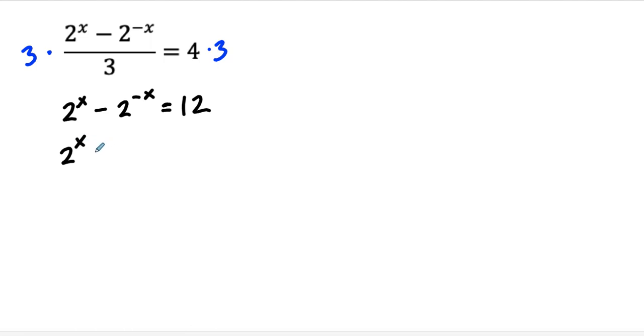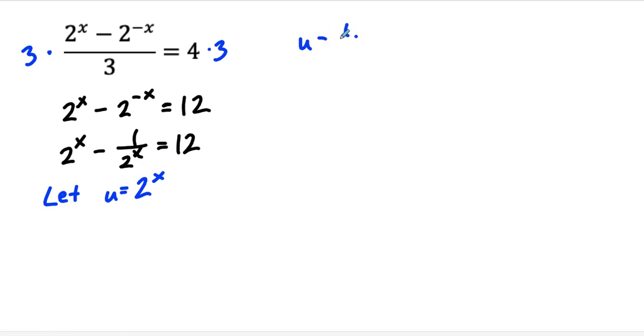Now I'm going to write that in the denominator for a minute. And here's where I'm going to say let u equal 2 to the x, because we can't just solve this so easily. And really, this is actually the fastest way to do it. So let u equal 2 to the x.